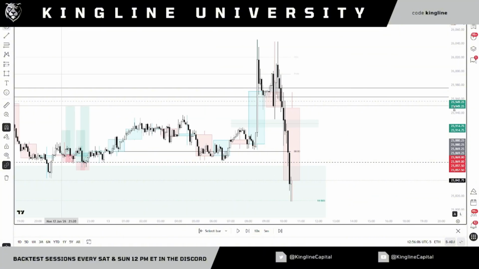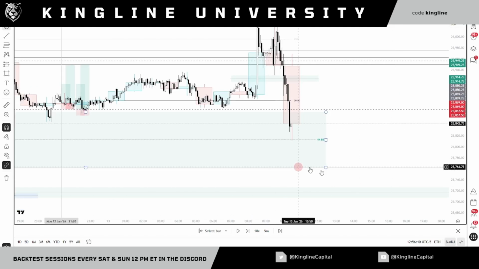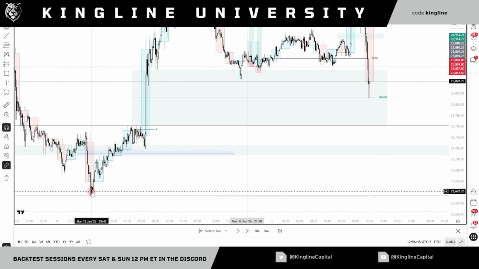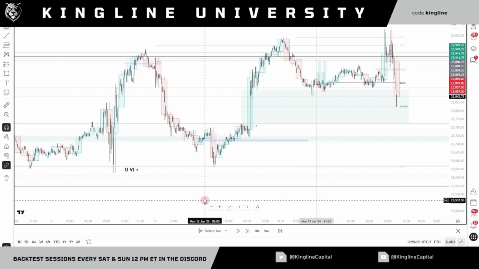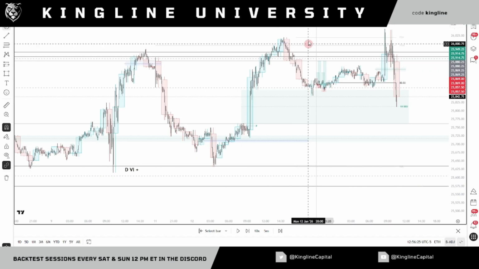Meaning since we swept previous day high already, there's only an 18 to 22% chance that we're also going to tag previous day low. We're in Tuesday's price action, so Monday's low is down here. We're probably at like 50% of the range, right?